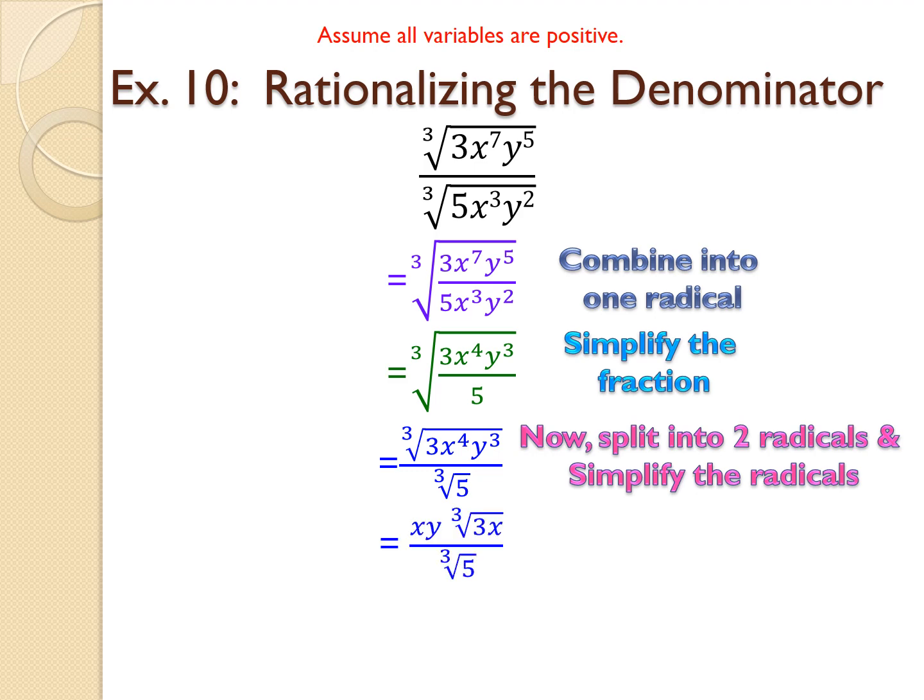So I left the 3, but 3 goes into 4 one time with a remainder of 1, so x to the 1st on the outside, x to the 1st on the inside, and 3 goes into y cubed one time for that y with no remainders. So I've simplified the top. We already know the bottom is simplified, but you might always check. In this case, we can't simplify 5.